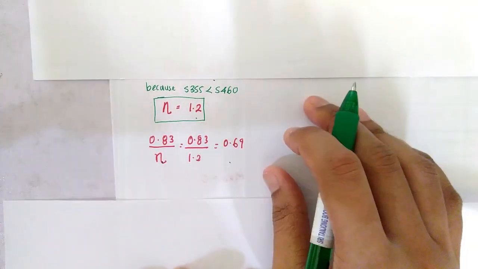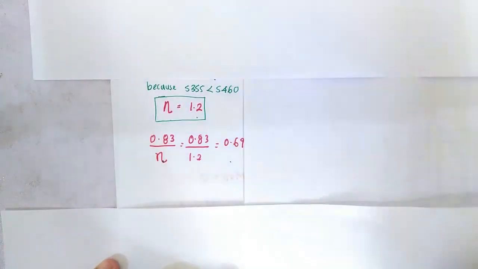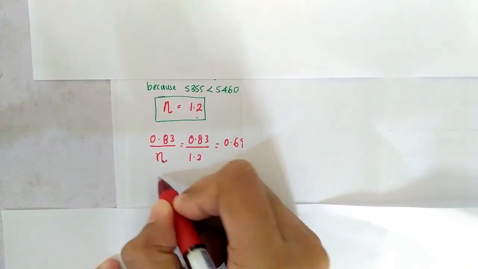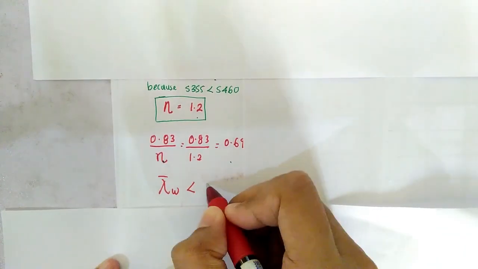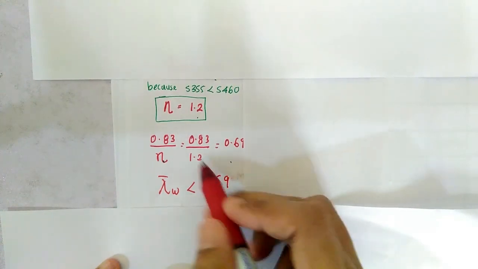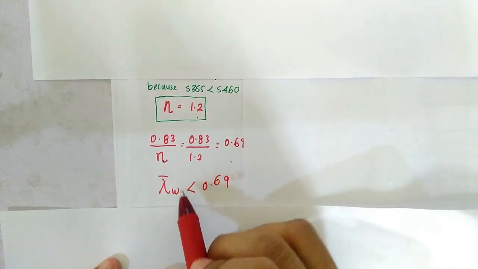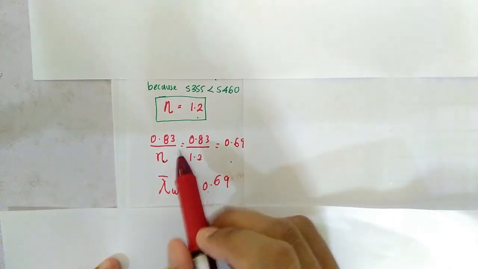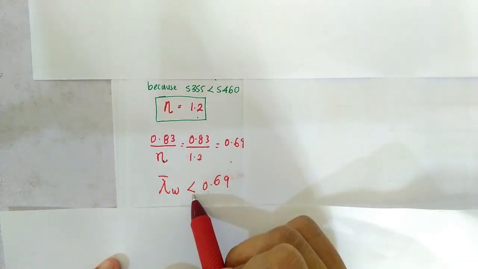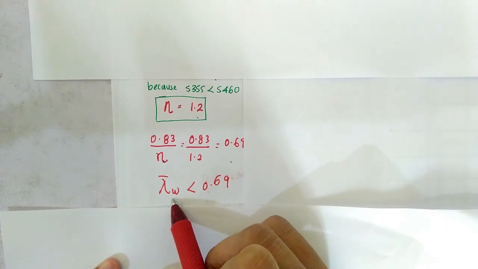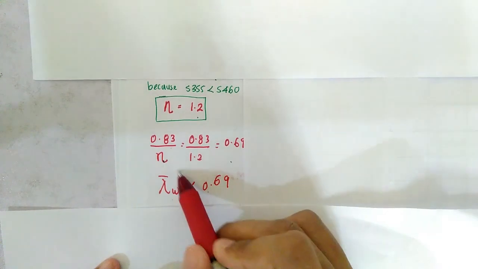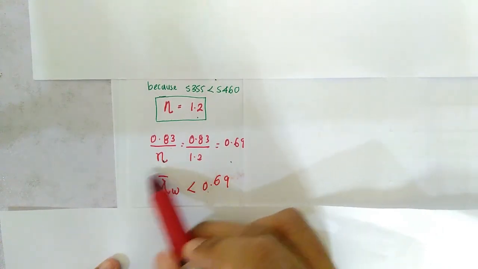So you must check whether 0.69 is lesser than lambda W or not. Okay, because if you refer to table 5.1, you need to make sure whether the 0.83 over eta is larger than lambda W or not. So now our next task, we need to find what is the value of lambda W.